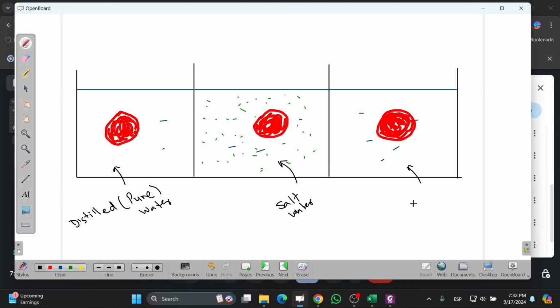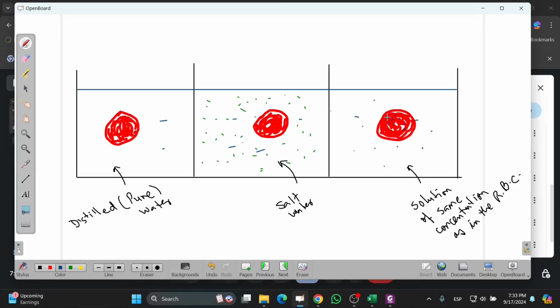And here, in the last scenario, what we have is a solution of the same concentration as in the red blood cell. So meaning that, guys, the concentration of this water outside here is the same as that inside the cell.